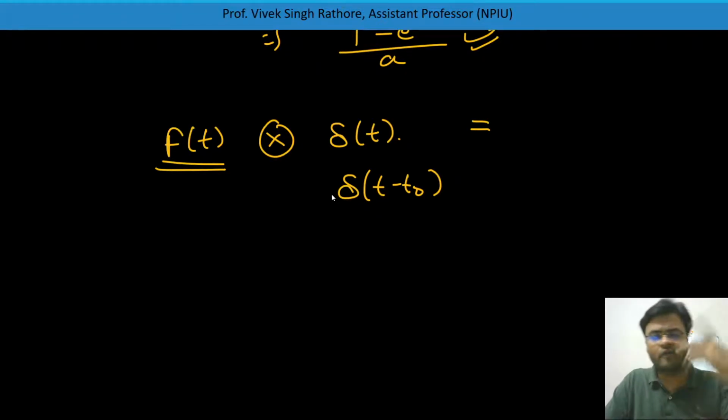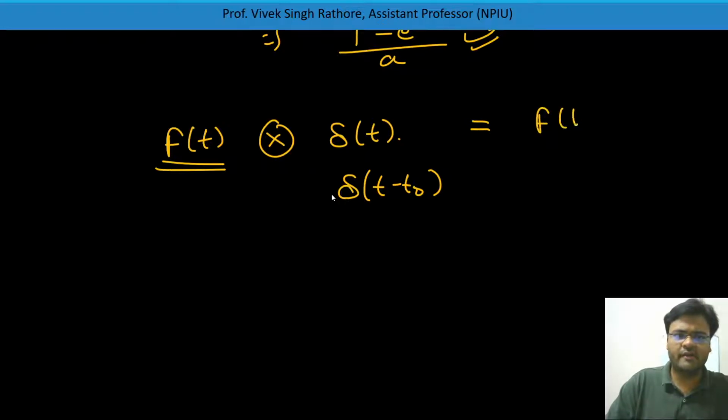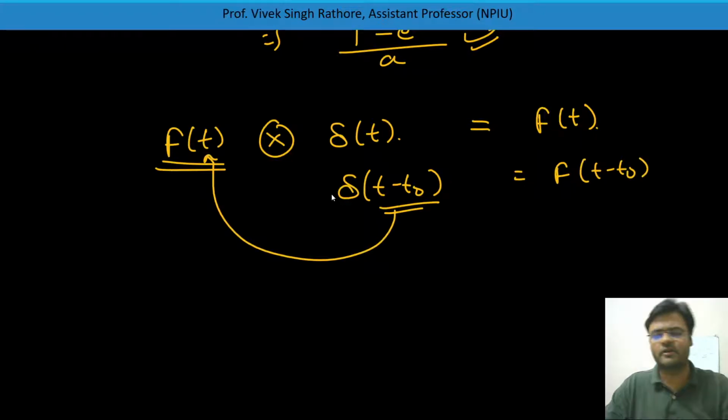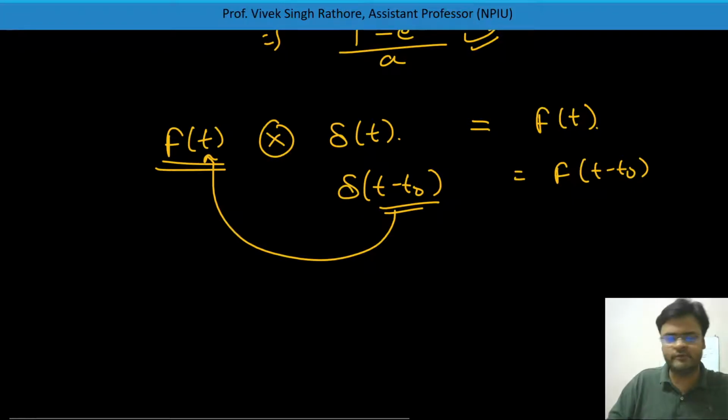I have already told you at the start that delta t is an identity signal, so it will create only f(t). And for delta t minus t naught, you will get f(t minus t naught). I think I have told you in discrete time also, the same thing happens in continuous time also.